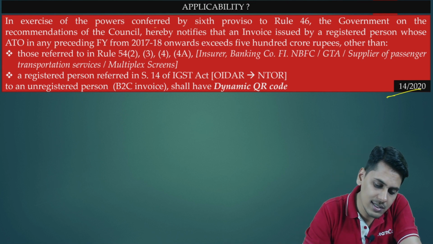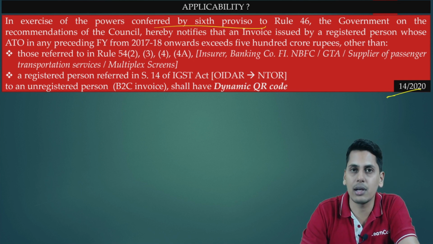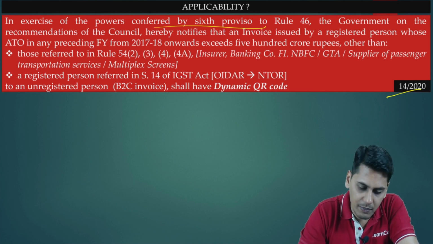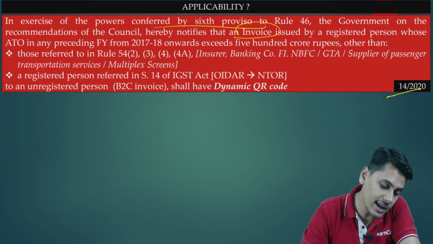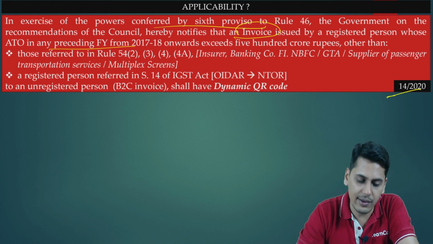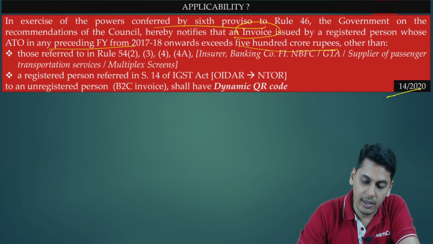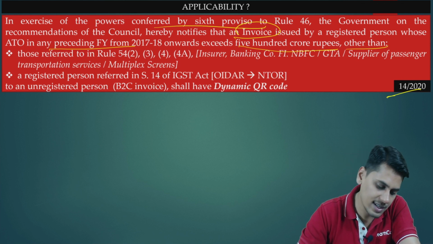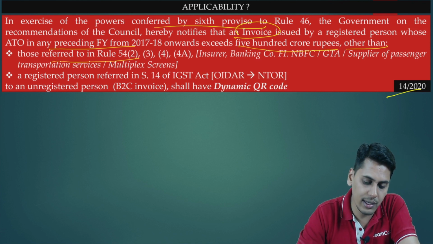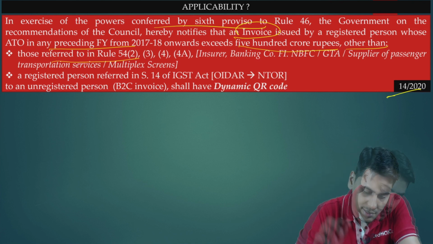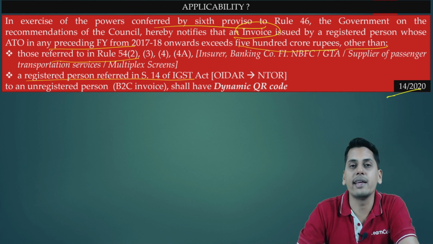In exercise of the powers conferred by the sixth proviso to rule number 46, the government on the recommendations of the council hereby notifies that an invoice issued by a registered person whose aggregate turnover in any preceding financial year from 17-18 onwards exceeds 500 crore rupees, other than those registered persons referred in rule 54 sub rule 2344A, that is those notified suppliers, or other than a registered person referred in section 14 of the IGST law.